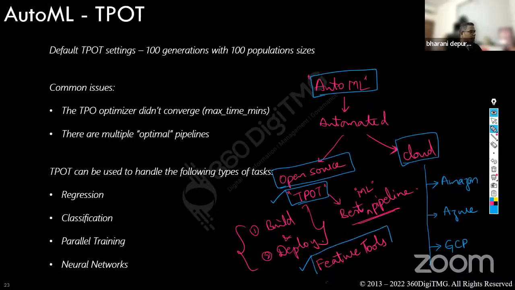Post that, we will get into Featuretools. And finally, after all these things are completed, we should also talk about explainable AI, how explainability is being built into the models. So that is all that we are going to do. All right, so let's get into TPOT and continue from where we left off in the previous module.